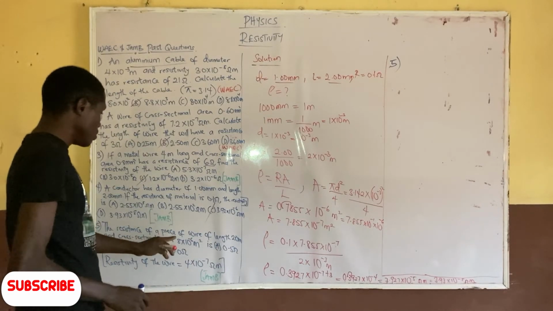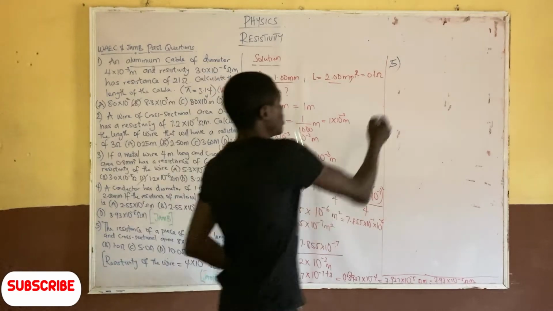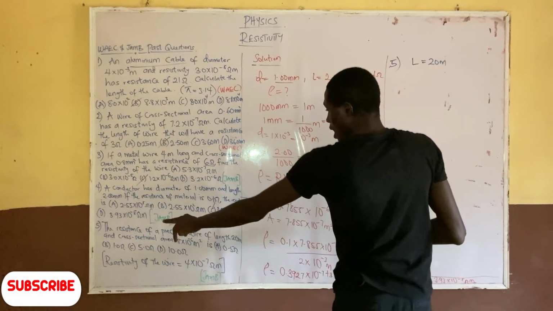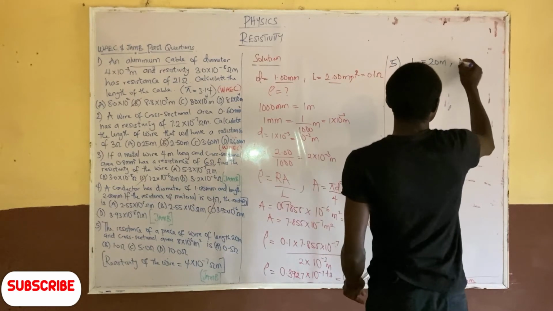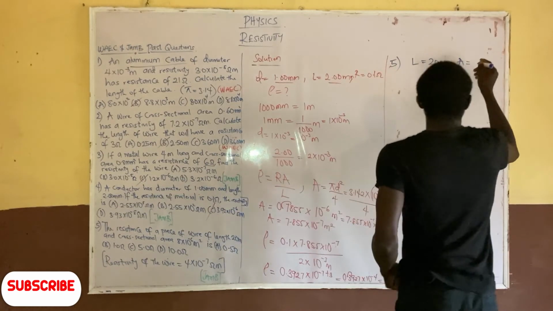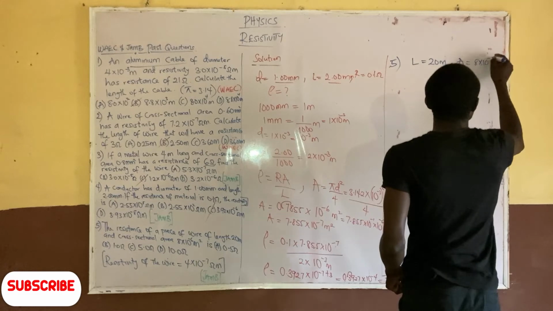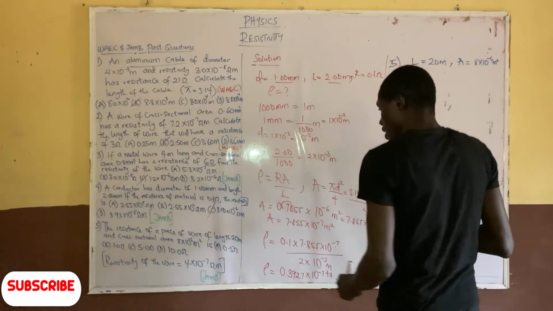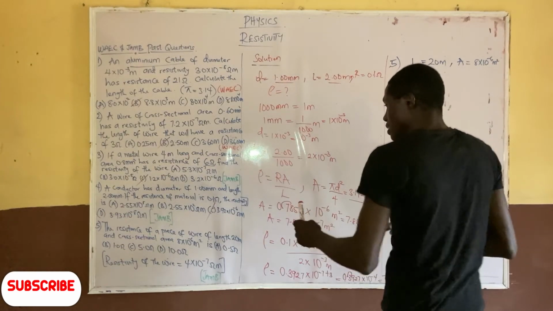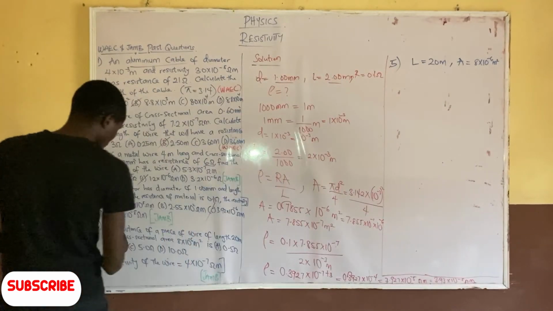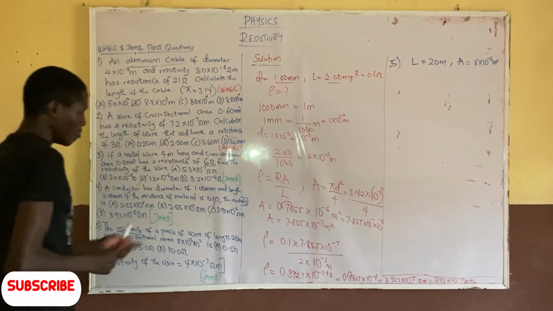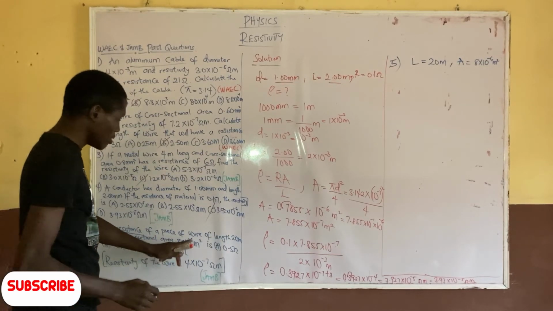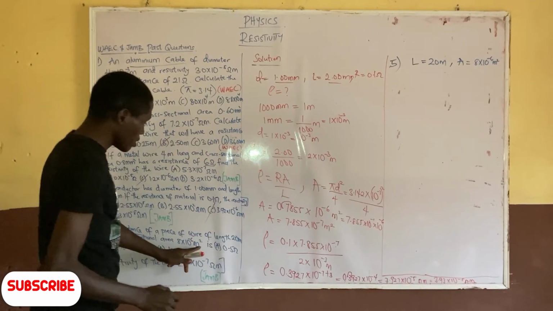The length of the wire is 20 meter, and the cross-sectional area A is equal to 8 times 10 to the power minus 6 meter square. What will be the resistance?